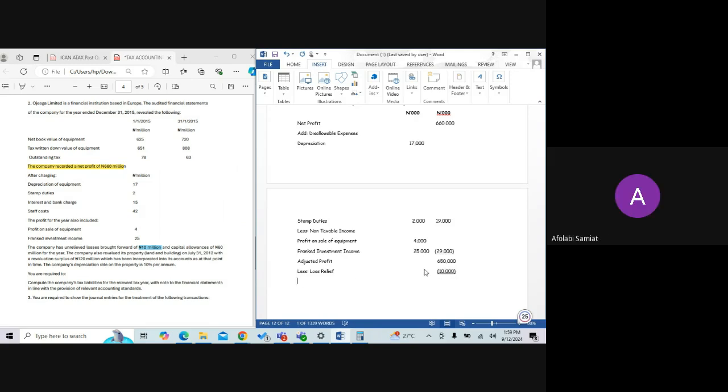640. Then less capital allowance. Capital allowance is how much? 60,000.